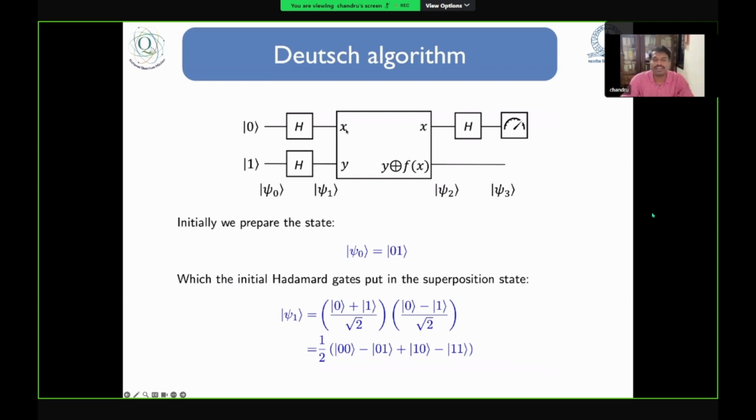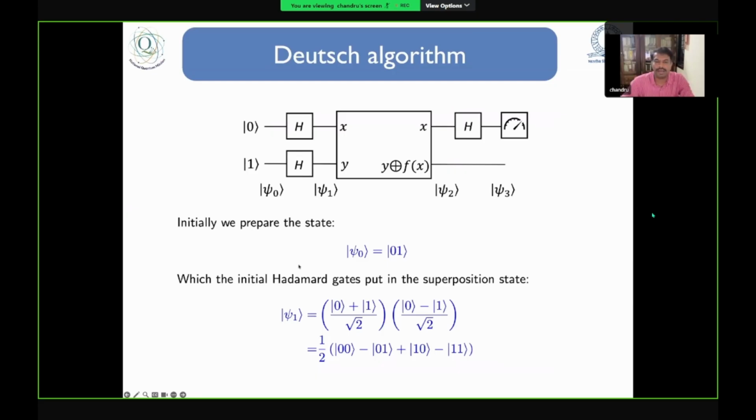Depending on the x and y output I'm going to get, I can come up with the solution just by measuring only 1 qubit. You don't have to ask the query twice. So I send a 2 qubit system, I make 1 query, and immediately I can say whether it is a balanced or a constant function. So complexity is reduced by half straight away.